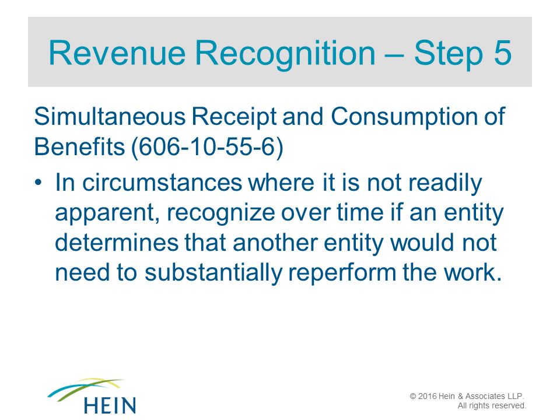So in the basis for conclusions in the standard, they give an example which kind of shows how this was debated. The example is a freight company which has a contract to transport goods from Vancouver to New York. Now, one argument might be that there is no benefit to the customer until the goods are actually delivered in New York.